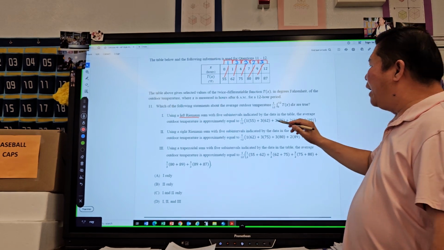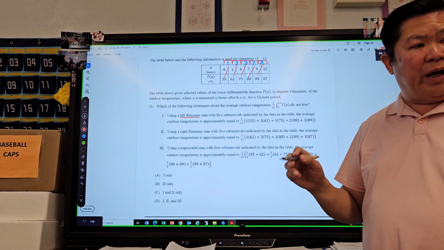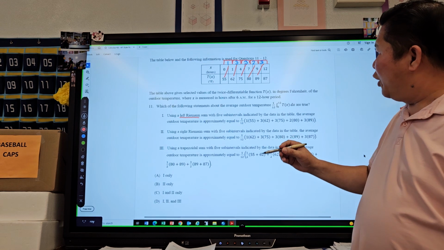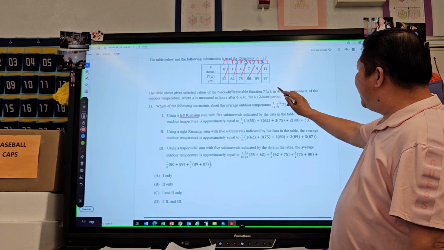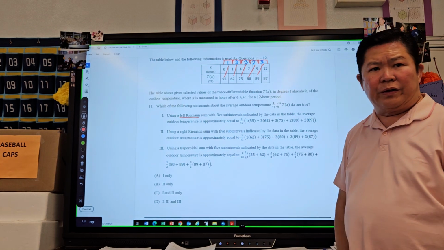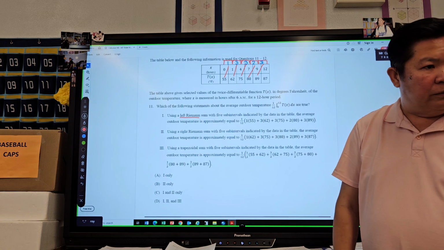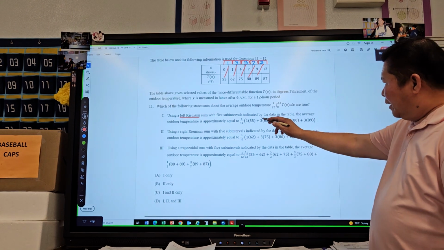So the word average, it's gonna be f of b minus f of a over b minus a. So b minus a, what is this? 12 minus 0. So it's gonna be 12. So 1 over 12. You get me, guys? Okay, 1 over 12. Is this correct?